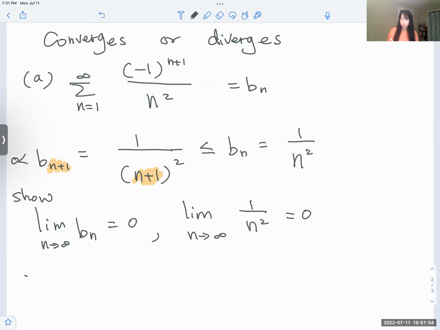Okay, let me write down just b sub n, because writing "converges by alternating series test" is long.